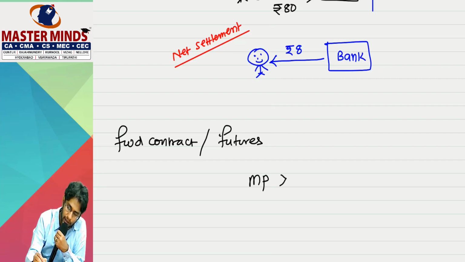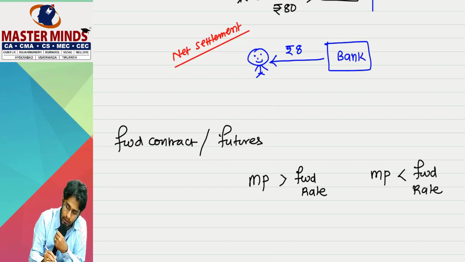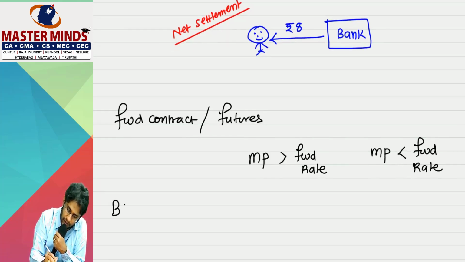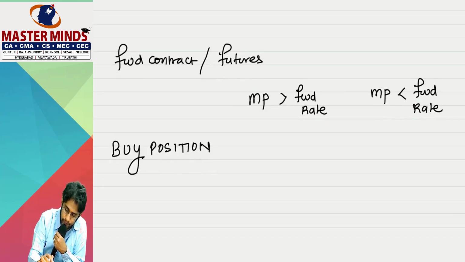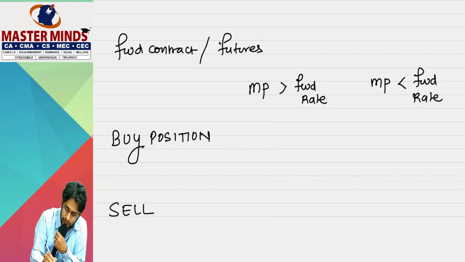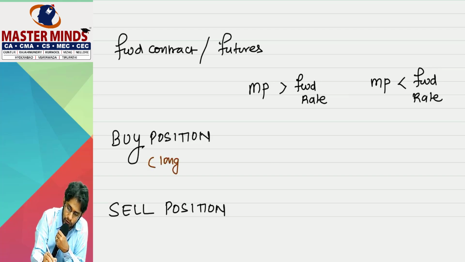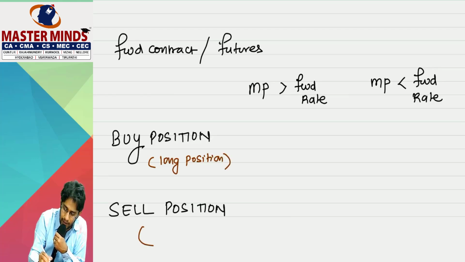If the ultimate market price is greater than your forward rate, or the market price is less than your forward rate, then the fellow who has taken a buy position, and there is a fellow who would have taken a sell position. The person who took a buy position, we also refer to this as a long position. The person who agreed to sell, we also call it a short position.